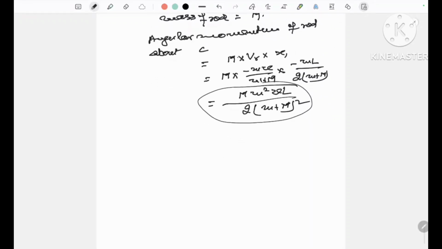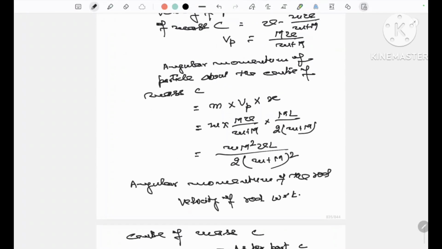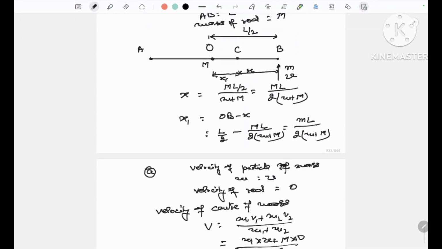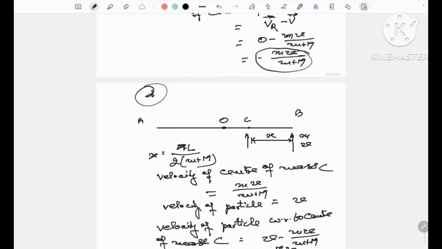Next, part E. Find the moment of inertia of the system about the vertical axis passing through center of mass after the collision.